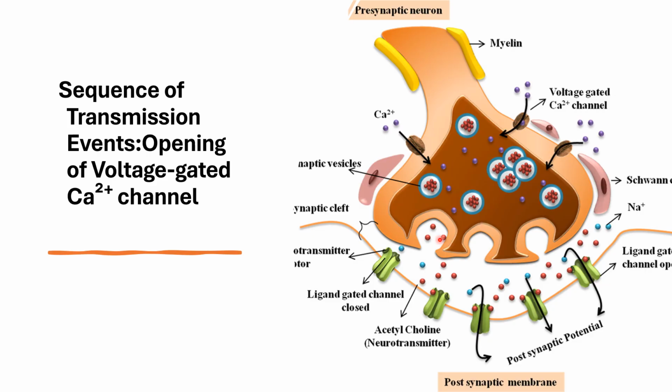This transient rise in intracellular calcium, roughly a few micromoles, is the critical trigger for exocytosis. Without calcium, no transmitter is ever released.